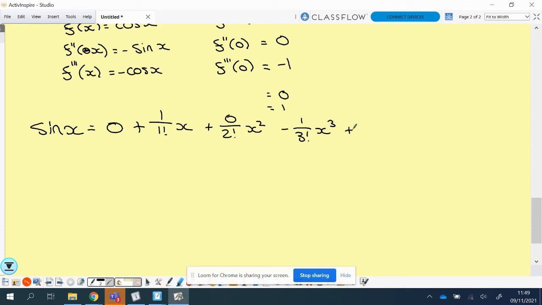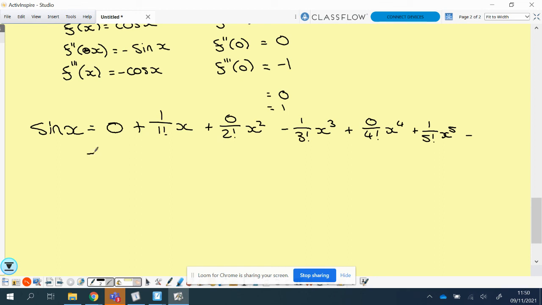Then we know it's going to be plus 0 over 4 factorial x to the power 4, plus 1 over 5 factorial x to the power 5. And then so on. When we spoke about the next term after positive 1, we know the next term would actually go back to negative, so it would be the x to the power 7 term that would remain at that point.